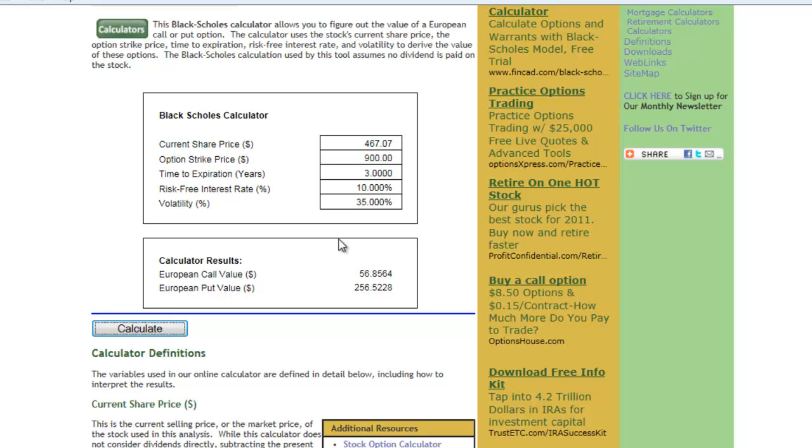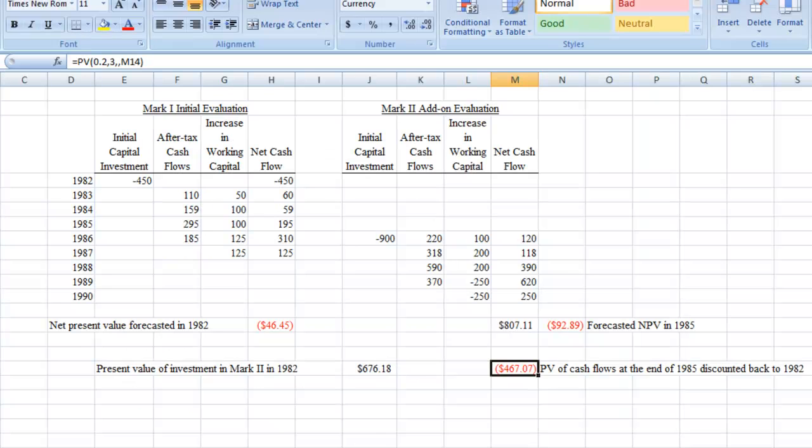It could be calculated any time up to the end of the call period. So this tells us that this option is worth 56.86. So let's go back to our spreadsheet and put that in here. 56.86. That's our call option value.